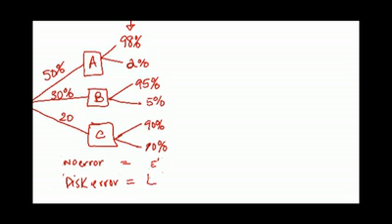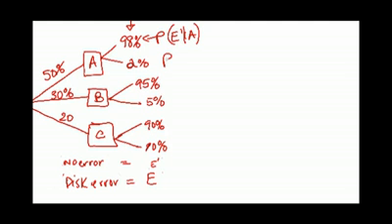Alright, so if we're looking at this, that top spot right here is actually the probability that there is no error given that it came from company A. That's what this 98% is.